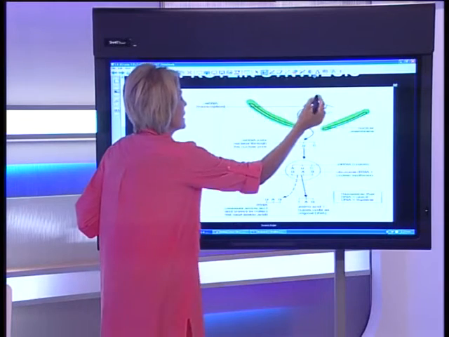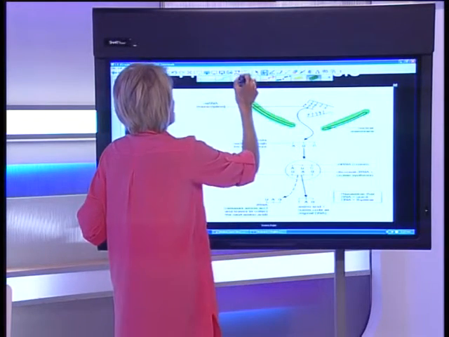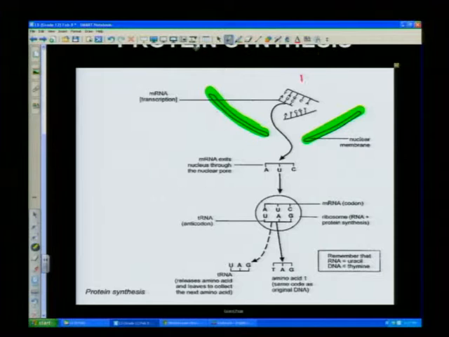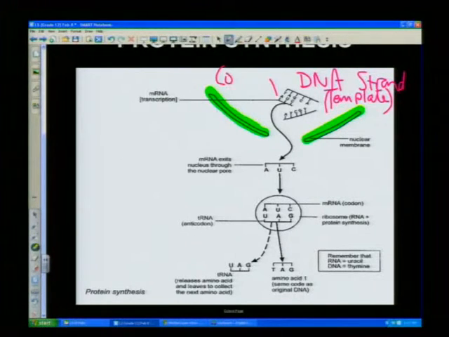The information comes from our DNA. So here we have our DNA strand. And it's this DNA strand that now gives us the information. It provides the template. In other words, the information. The messenger RNA comes along and it codes on.